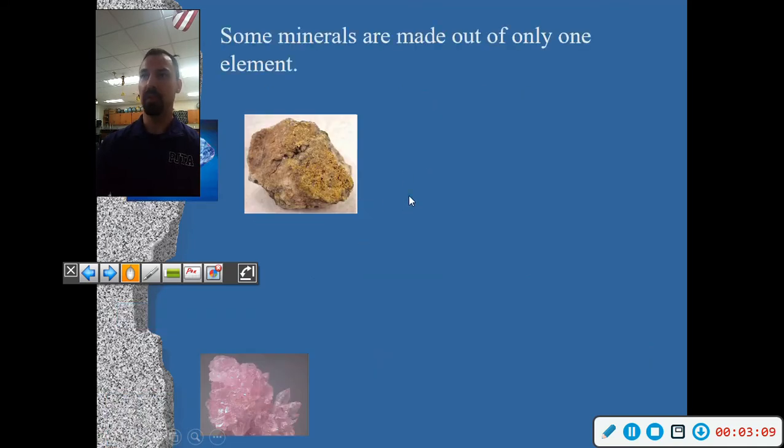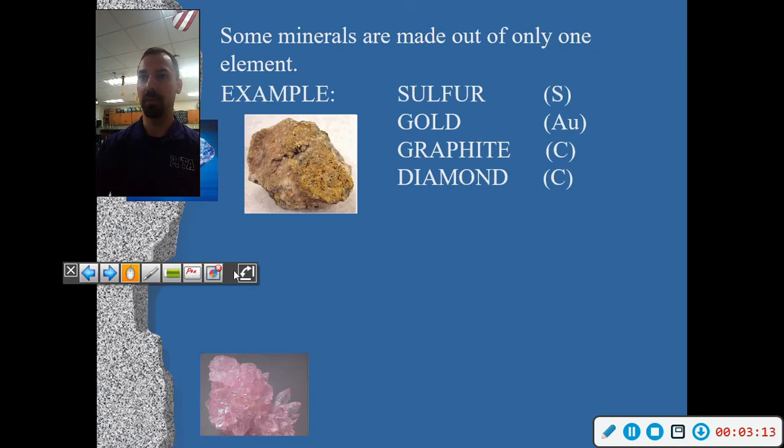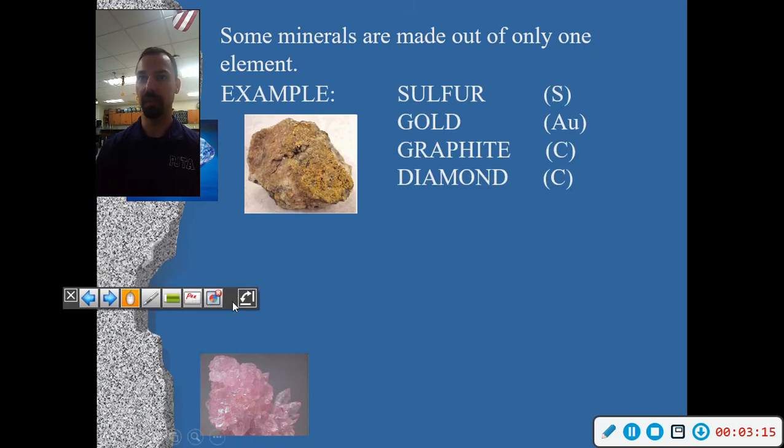Some minerals are made up of one element. Examples of that would be sulfur, which is S, gold, which is Au, graphite, which is C, carbon, and diamond, which is also made of carbon. So diamond and the graphite in your pencil are actually made of the same material, however they were formed in very different ways.